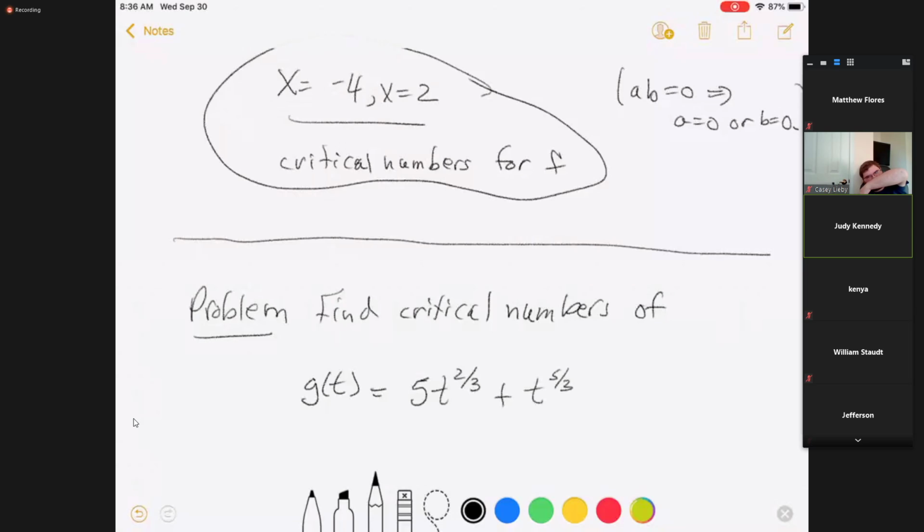Okay. This function, cube roots are defined for all real numbers. So actually the domain of this function is all the reals.